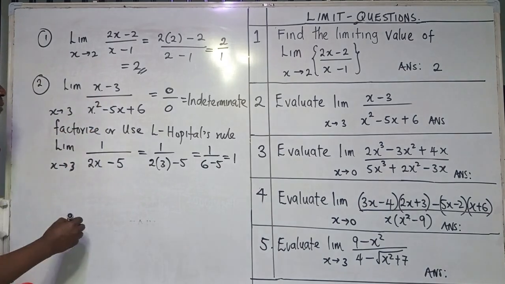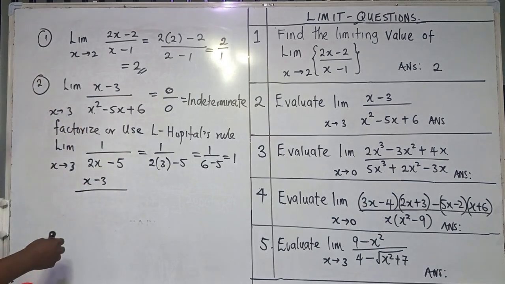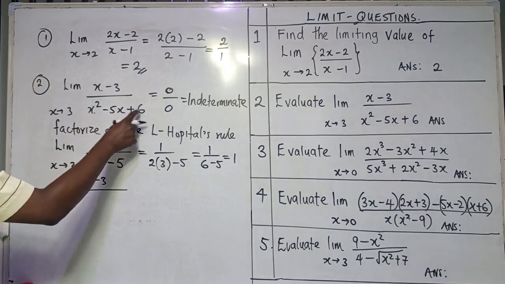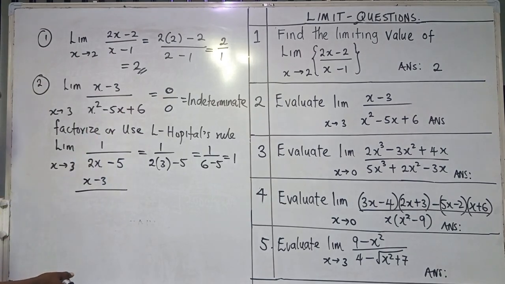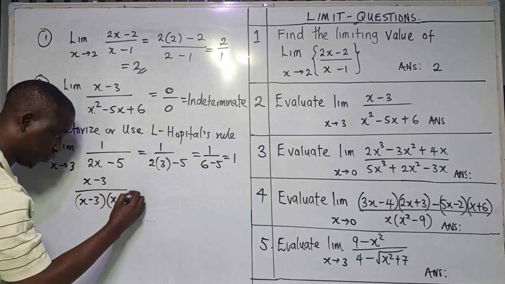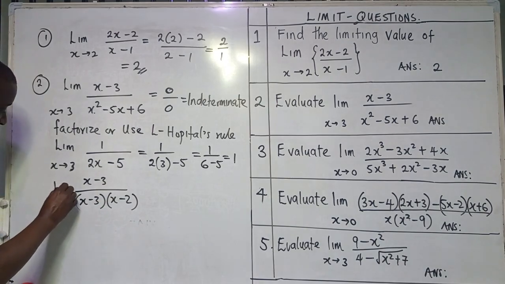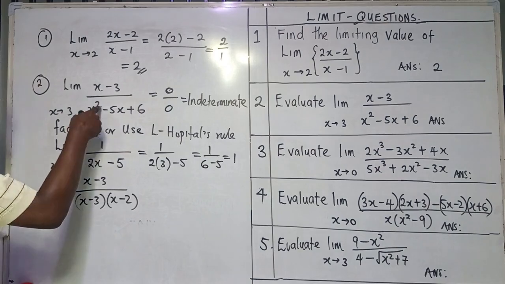If you want to use the factorization method, if you factorize the denominator, you are going to have (x minus 3) into bracket (x minus 2); this times this is x squared. We have x minus 3 and x minus 3, which means the same thing as what we have on the board here.